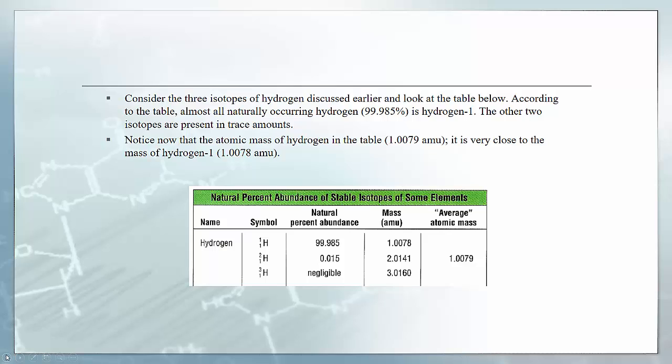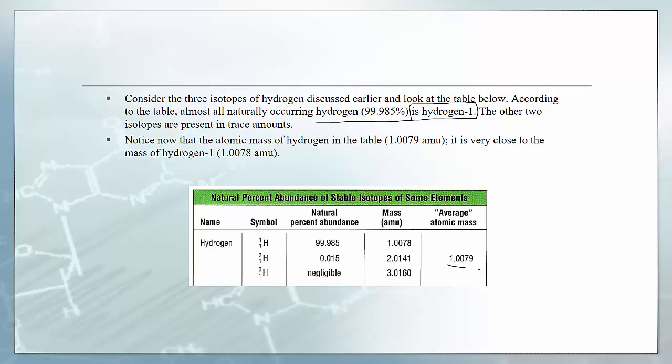So let's take a look at hydrogen. All 3 isotopes of hydrogen are shown here: protium, deuterium, and tritium. And almost all naturally occurring hydrogen, 99.985%, is hydrogen 1. So the other two isotopes are trace elements, barely any of them there at all. The atomic mass of hydrogen in this table says that it is 1.0079.